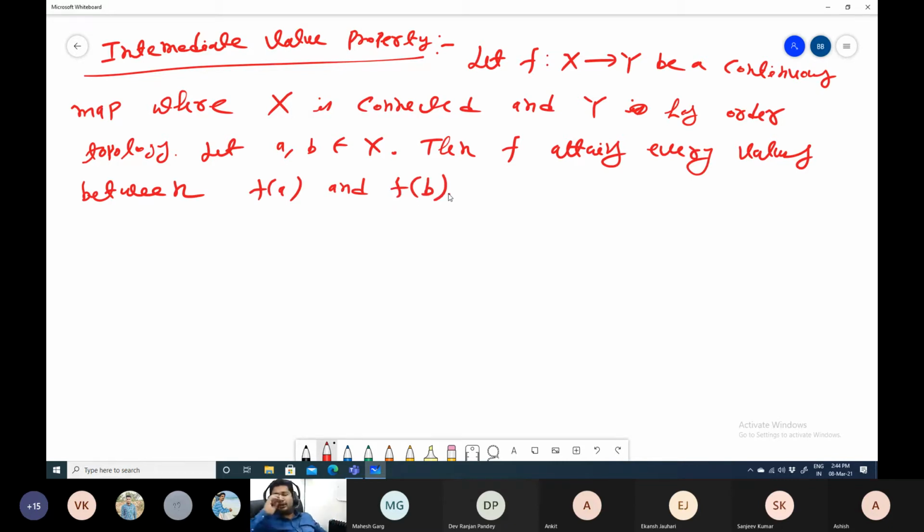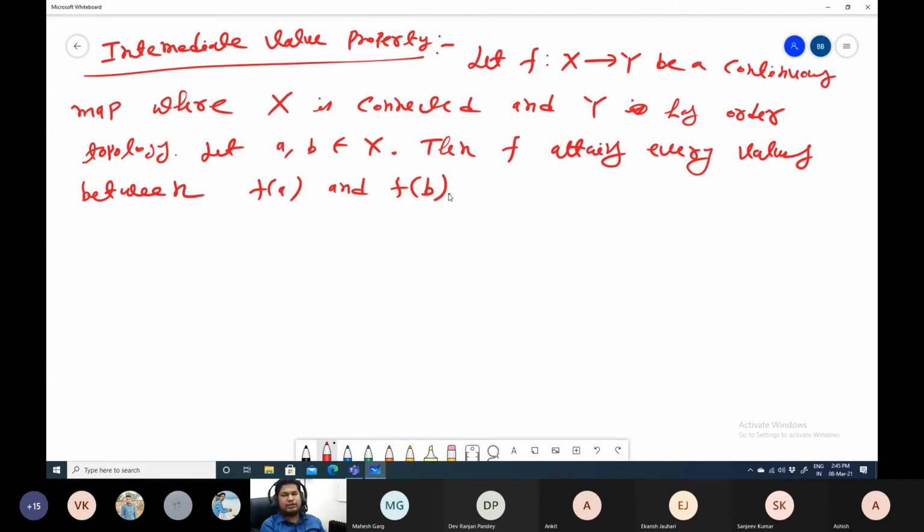Did you get the question? You have also seen that intermediate value property in real analysis as well. It says that f is a continuous function from X to Y, where X is connected and Y has order topology. Then f attains every value between f(a) and f(b).